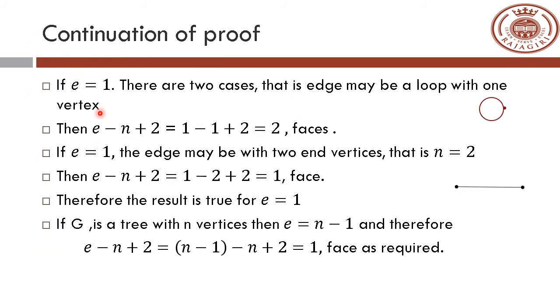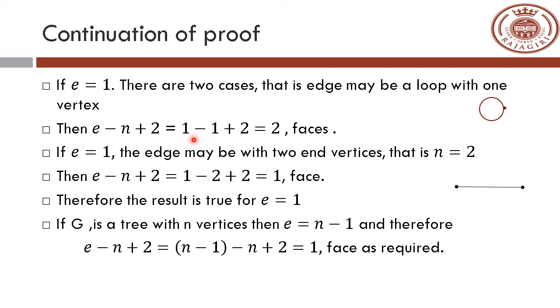By the induction method, take the number of edges equal to 1. In this case, we have two cases. One edge means that the edge may be a loop with one vertex. In this case, you have e - n + 2, where e is the number of edges and n is the number of vertices.